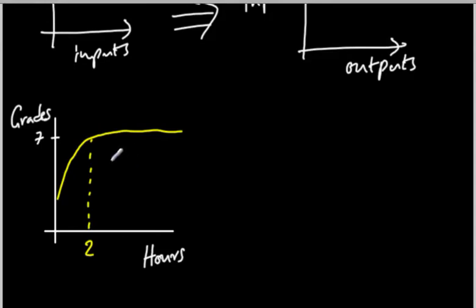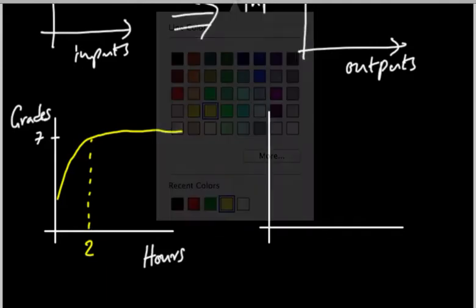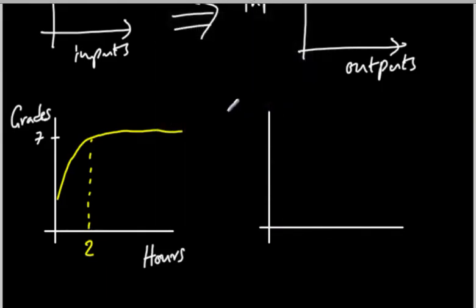So say, for example, you wanted to see things from a different perspective. If you get a specific grade, how many hours do you actually need to work? What we would do in that case is look at things from an inverse point of view. So in other words, if I have this and I have that, now instead of grades as the output, we have hours as the output, and what we'd have as the input is grades.